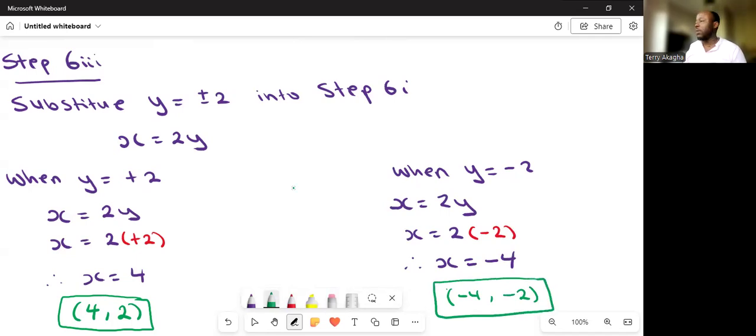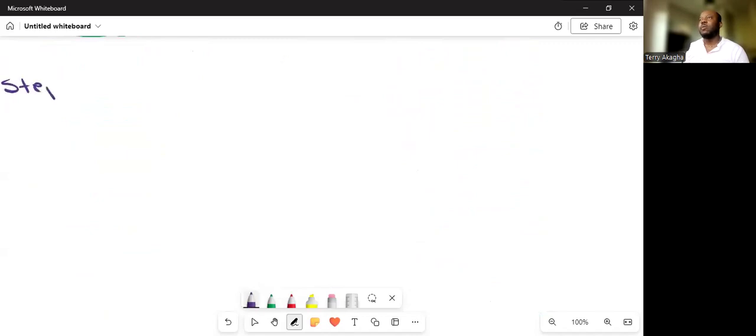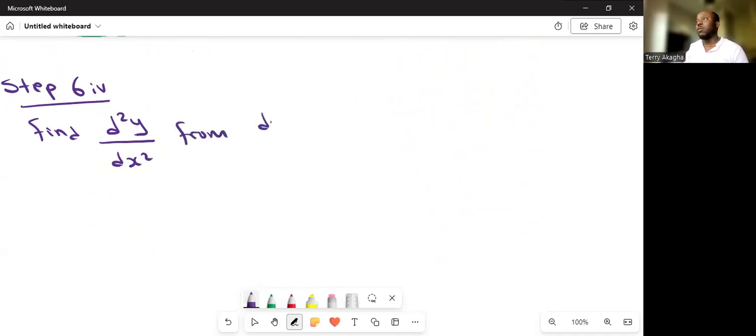And then we've gotten the second coordinate as a stationary point. Now, if you go to the fourth part, 6iv, it says to find the second derivative, like in step 5. So what we need to do now is find the second derivative, d2y over dx squared, from the first derivative, dy over dx.